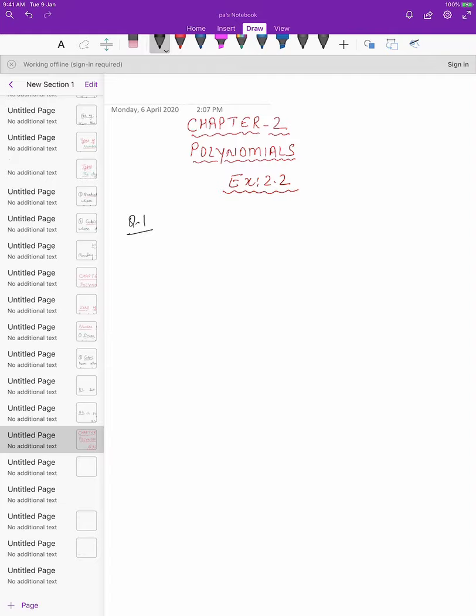Now children, remember one thing, whenever any question on polynomial comes, the first thing you must do is to name the polynomial. Now you all know the notation for a polynomial. I can say let p of x represent the given polynomial 5x minus 4x square plus 3.